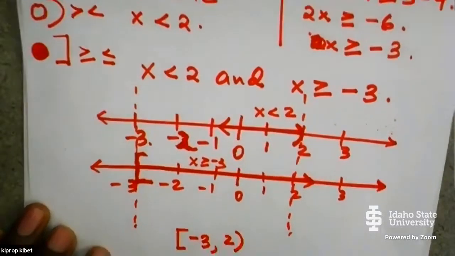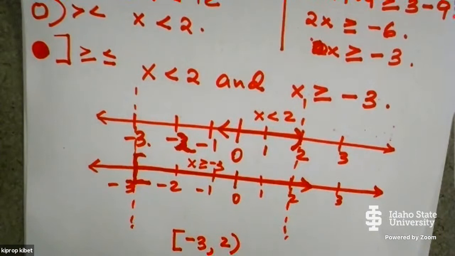Is that clear? Are you okay with that? So we're trying to look for the values which satisfy both, because we say the and should be the values which are both satisfying that.